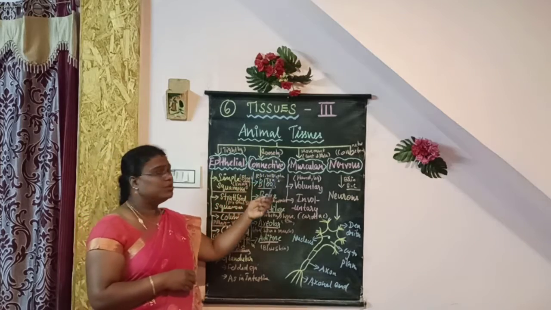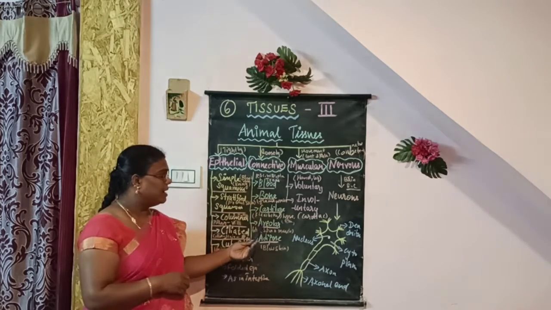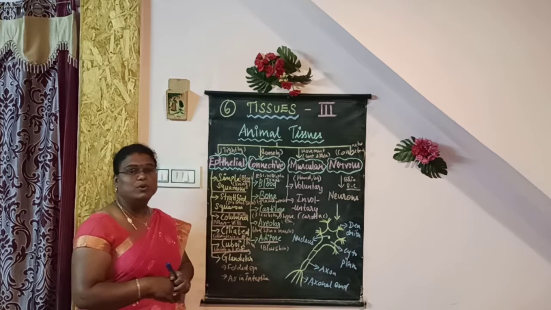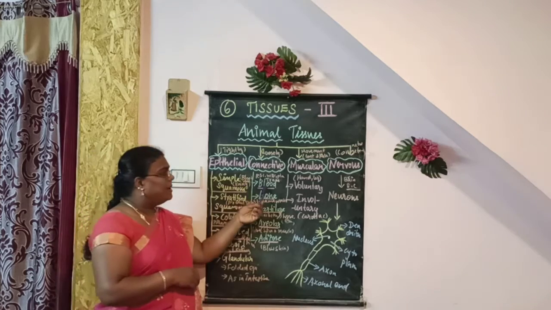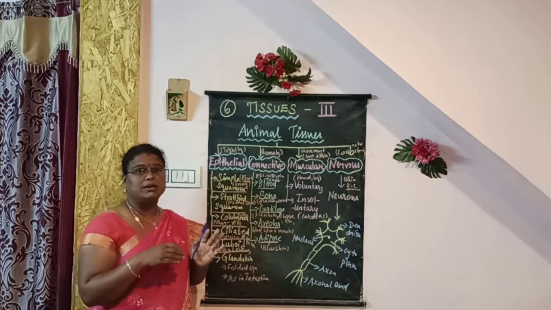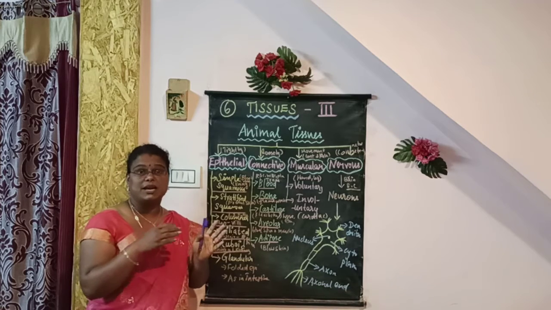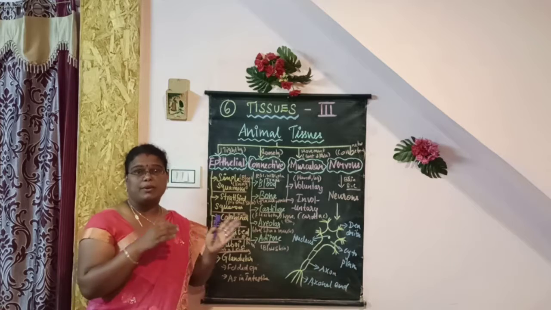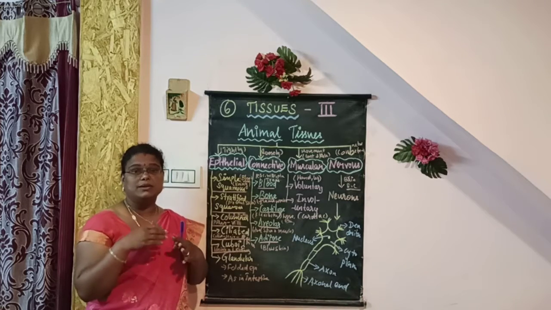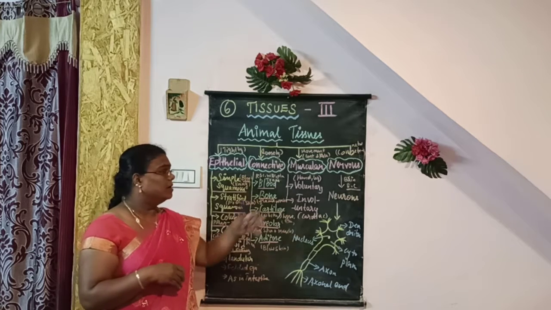And the connective tissues are blood, bone, cartilage, areolar tissue and adipose tissue. Blood is one of the best connective tissues. This is composed of RBC, WBC and platelets. RBC helps in transporting oxygen from lungs to cells, and WBC helps in the defense mechanism.